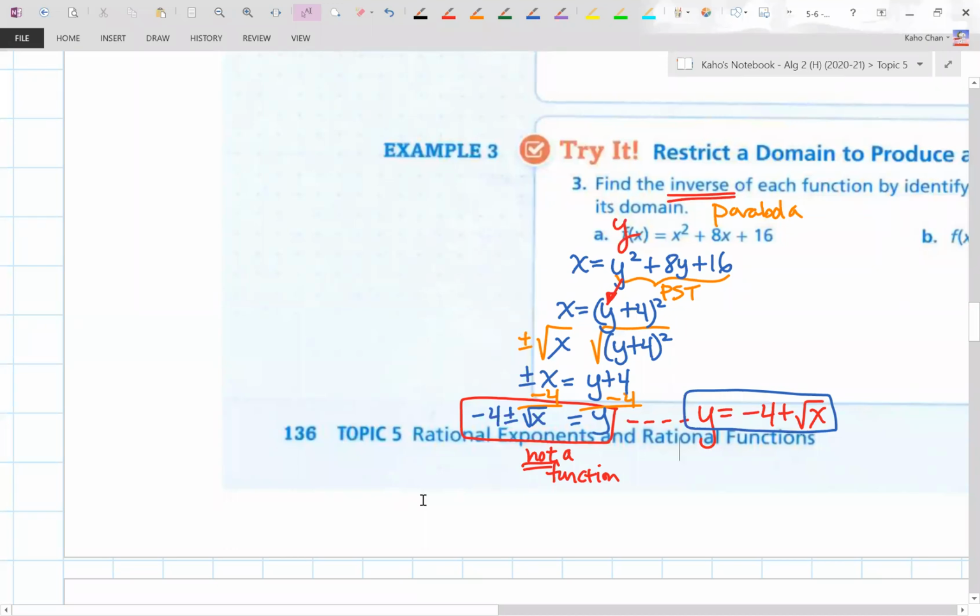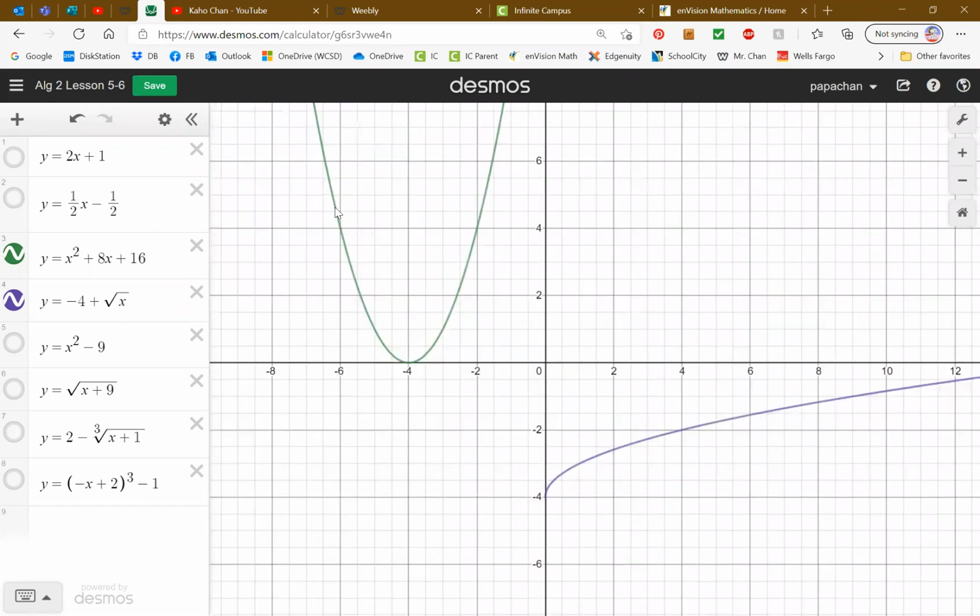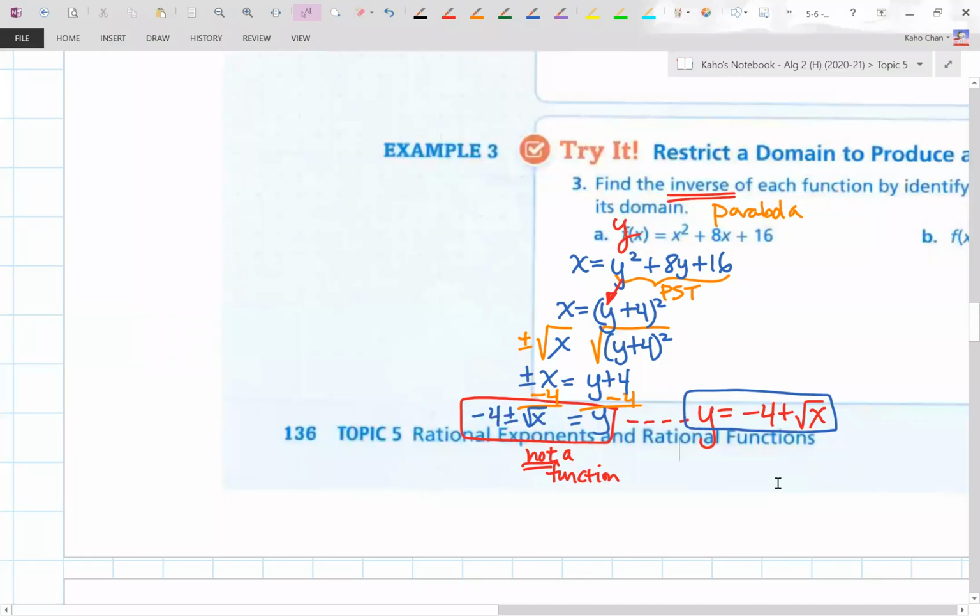So here's the thing. I know I just jumped back to my notes here. How do I describe this top half is the question, okay? Relative to my original problem, x squared plus 8x plus 16. How do I force it is the question. So hang tight here. I'm going to show you how that's done. I'm going to mimic the graph here off to the left, what we saw under Desmos.